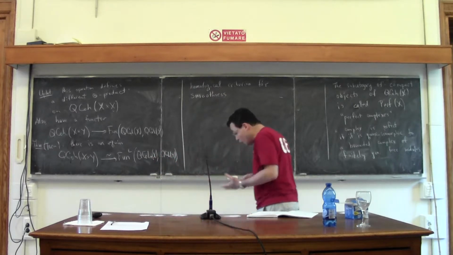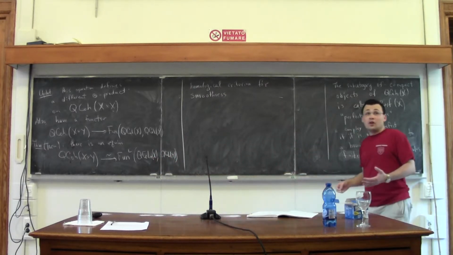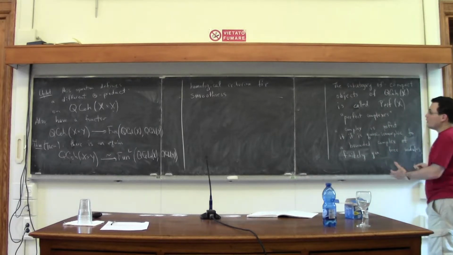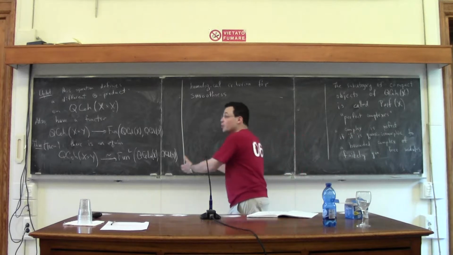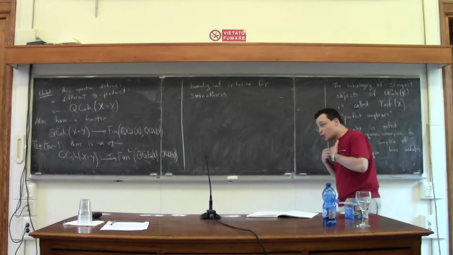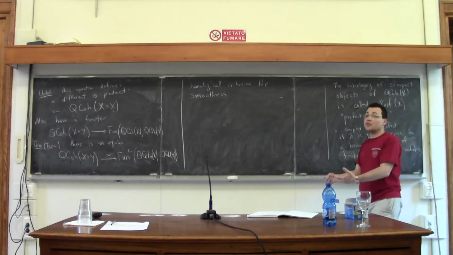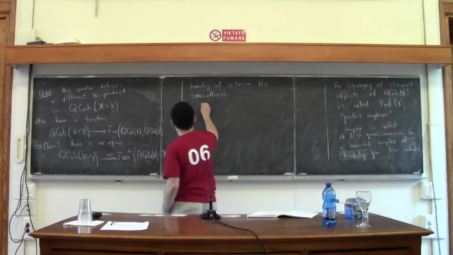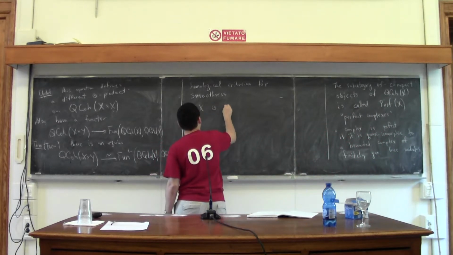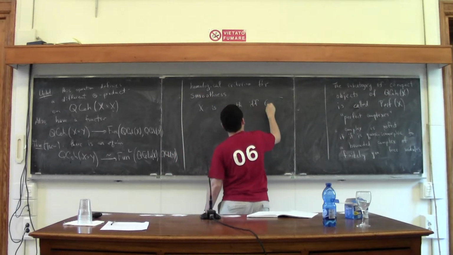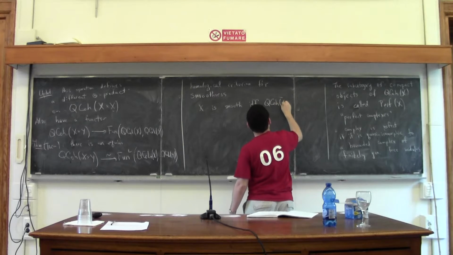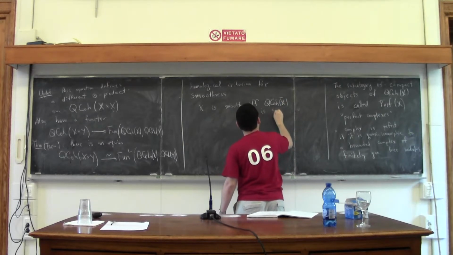I don't want to dwell on this point, except to emphasize the idea that you can test whether a scheme is smooth purely from its category of quasi-coherent sheaves. So X is smooth if and only if quasi-coherent sheaves is smooth.